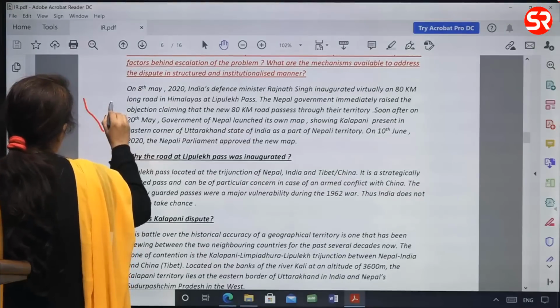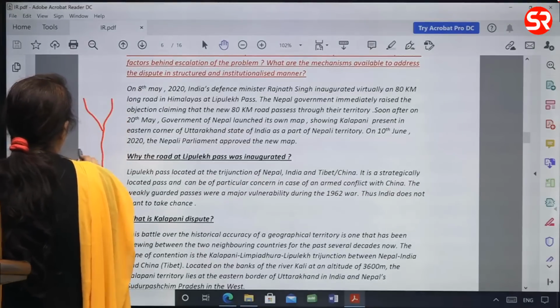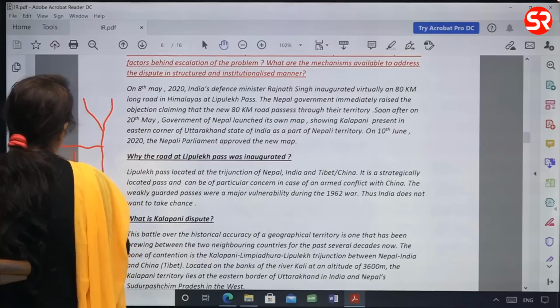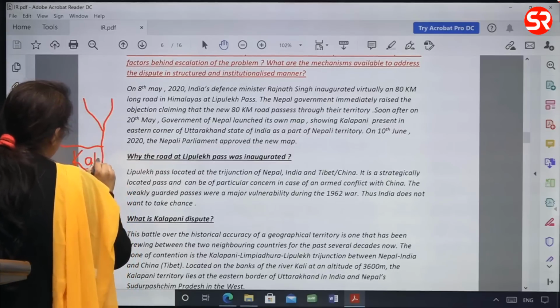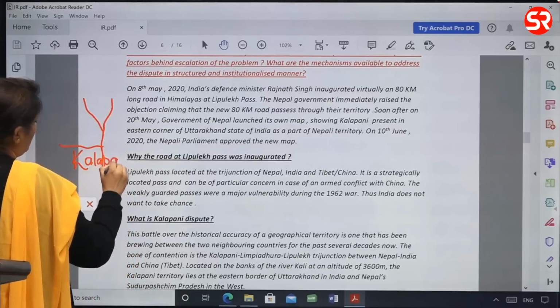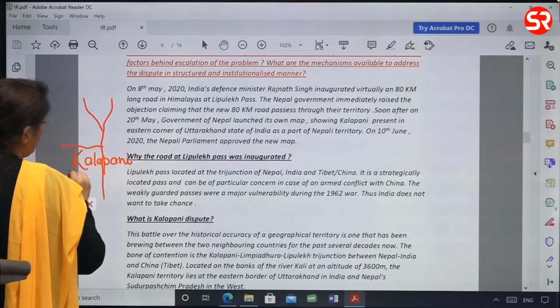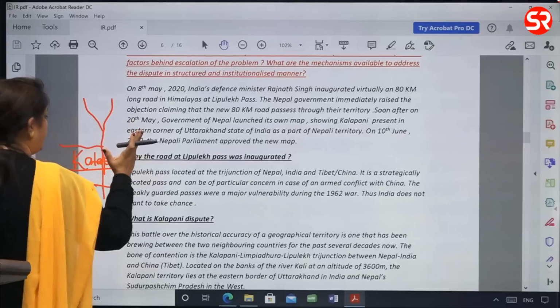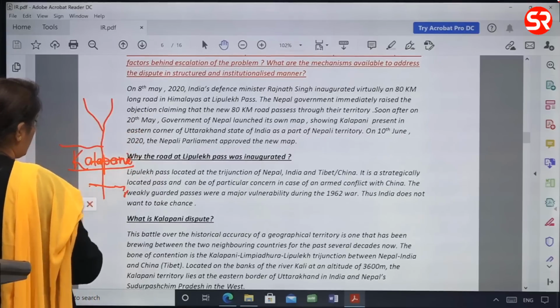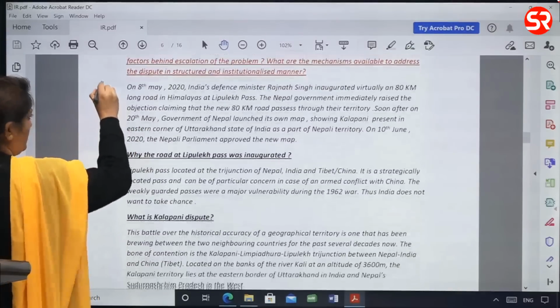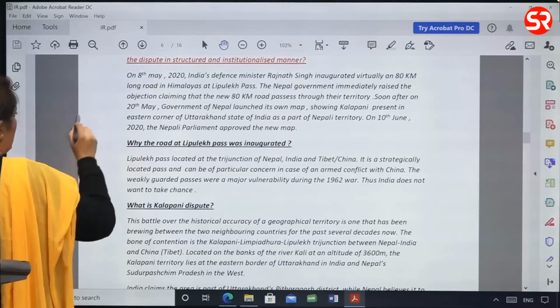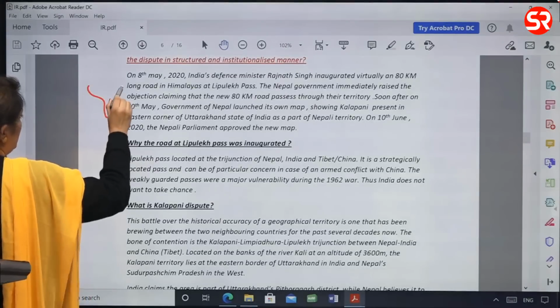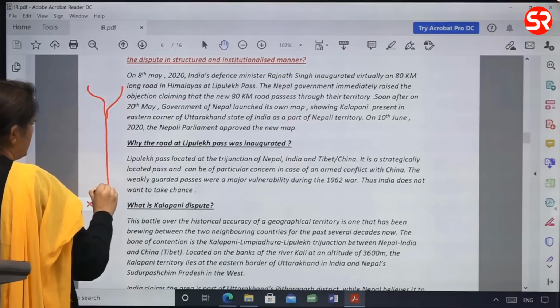Normally, the border between India and Nepal is determined by the river Kali.